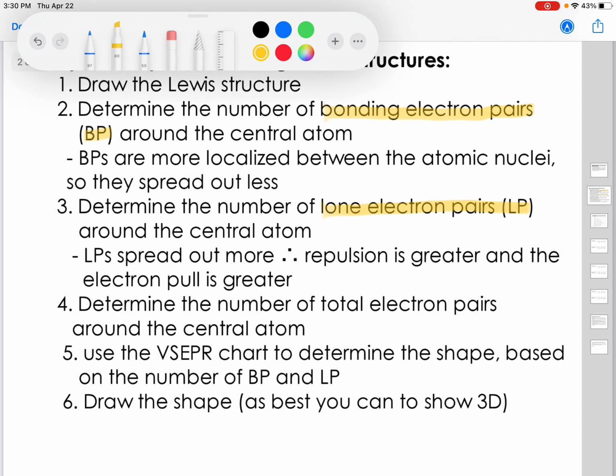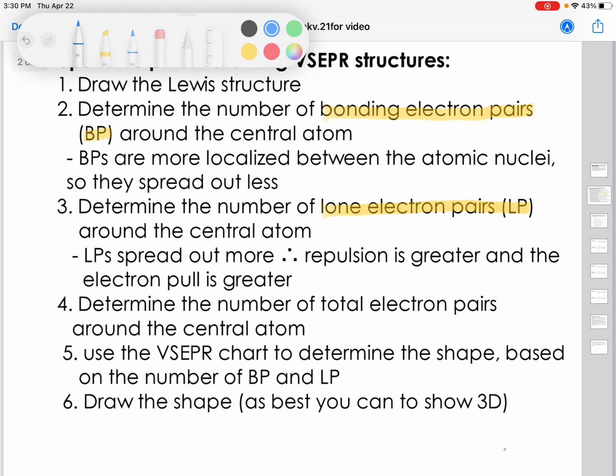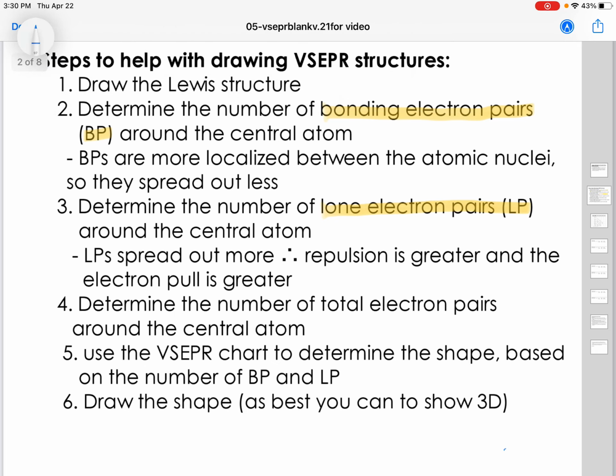Okay? So the Lewis structure, while that's a grade 11 concept, it is good to sketch this so that you know how many bonds there are, which can be easily predicted using the formula. But if you sketch the Lewis structure first, you can see how many there are, and then the number of lone pairs around the central atom.